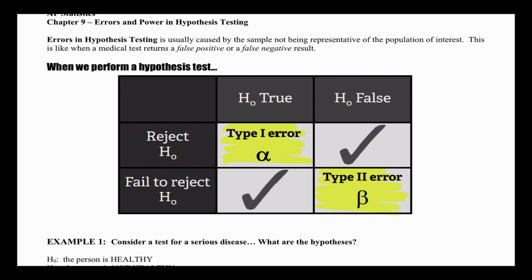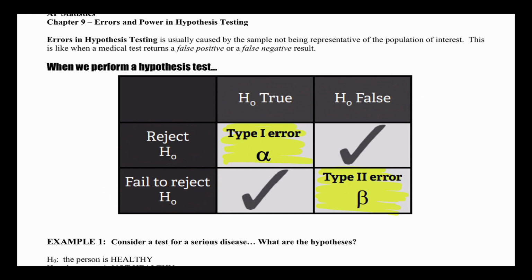But there's two errors they can make. What if they say guilty, but in fact they were innocent? That's a type 1 error. A type 2 error is not guilty: I didn't see enough evidence to say they did it, when in fact they did do it. That's kind of like what we're talking about here.